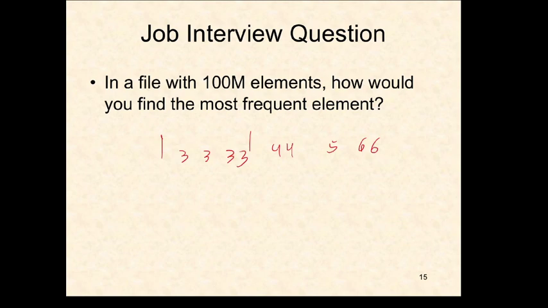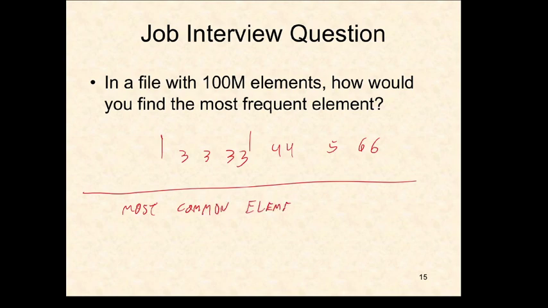Now, if I told you that the most common element occurs greater than half the time, we could go back to Moore's voting algorithm.